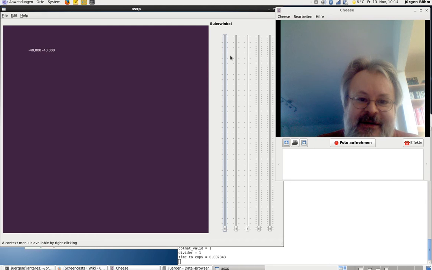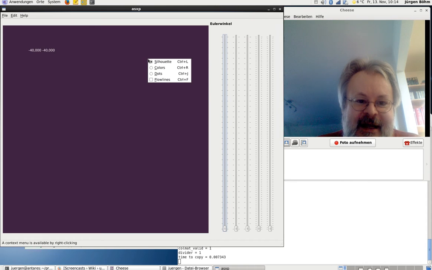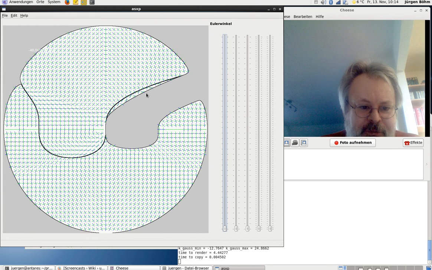Now, as I said already, a picture says more than 1,000 words, so I will now start displaying the standard form of the surface in the form of a silhouette accompanied with direction field information. You see here these little crosses, a blue line and a green line, indicating two directions on a grid sample of points on the surface.